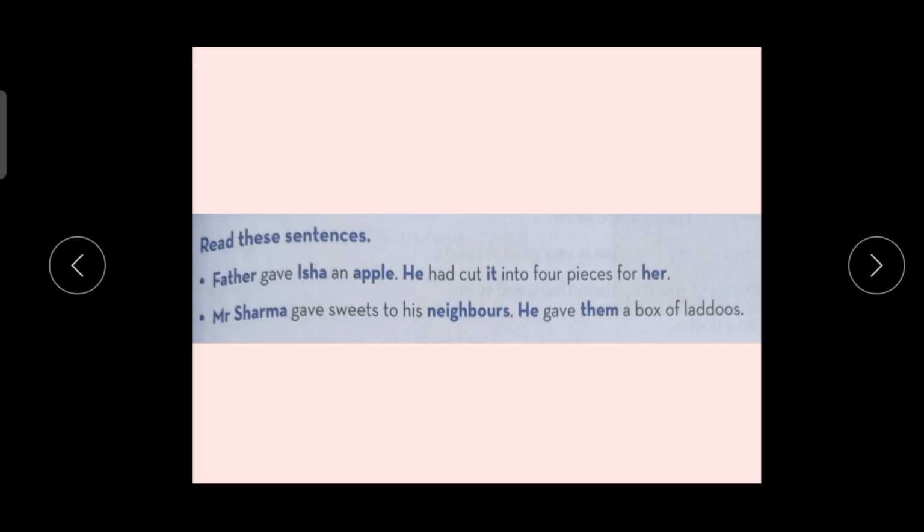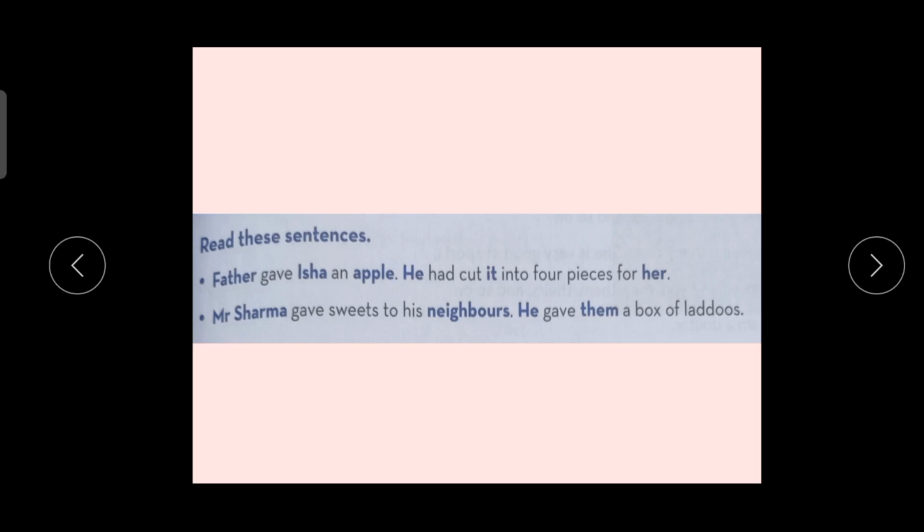Why have we done so? We have done this to avoid awkwardness. If we had used the same words, they would have been repeated again and again. So we have used the pronouns. We have used he for father, it for apple and her for Isha.